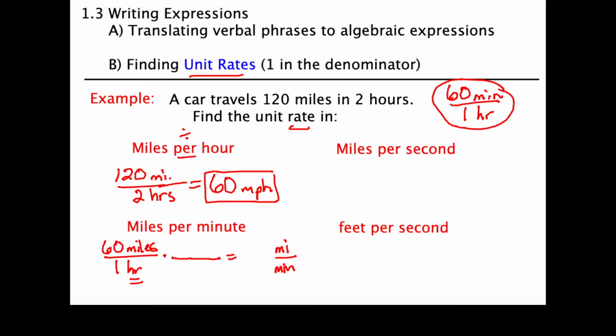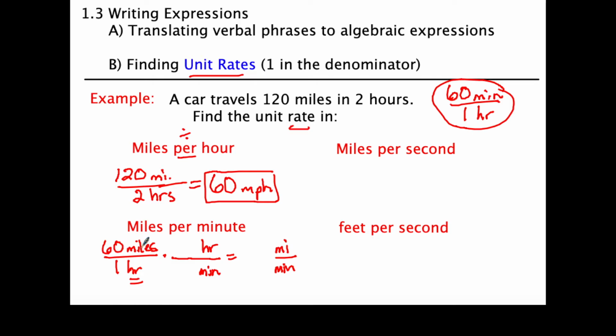And notice minutes on the bottom of that fraction. Well, if I want minutes on the bottom, and I want to cancel the hours, remember if you divide two things away, hours divided by hours, right? And when we're multiplying, essentially what's on the top gets multiplied, everything on the bottom gets multiplied, and everything that's on the top that's also on the bottom is getting divided away.